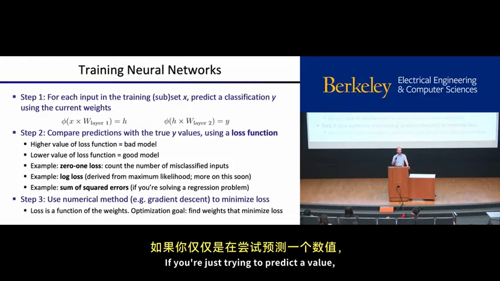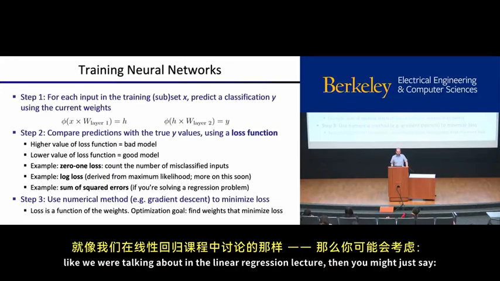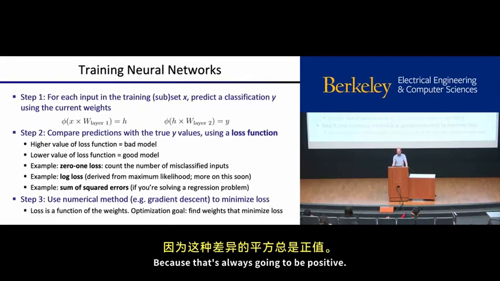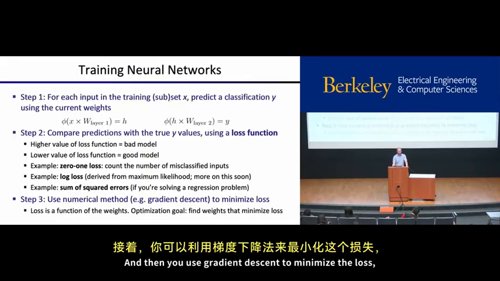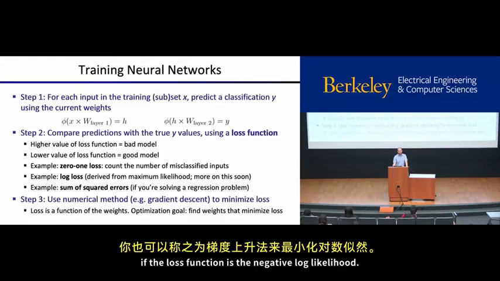If you're just trying to predict a value, like the rent of an office, like we were talking about in the linear regression lecture, then you might just say, what's the difference between the true value and the predicted value squared, because that's always going to be positive, and you want it to be small. And then you use gradient descent to minimize the loss, or you could call it gradient ascent to maximize the log likelihood if the loss function is the negative log likelihood.